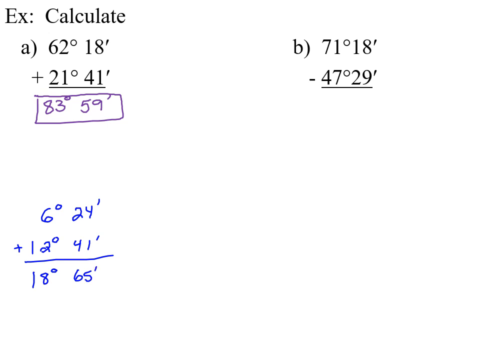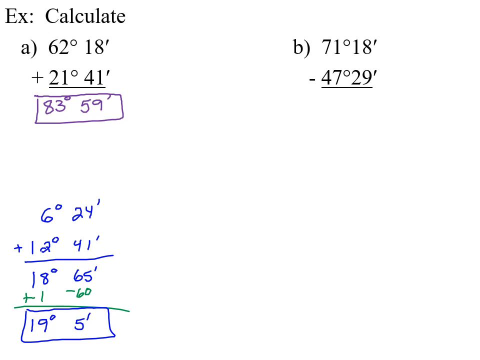So anything over 60, you have to subtract the 60 and add 1 to the degrees. And so when you add these, you actually get 19 degrees and 5 minutes. So anything that's over 60, you just move over to the next degree.